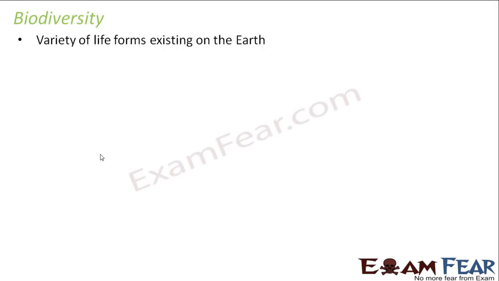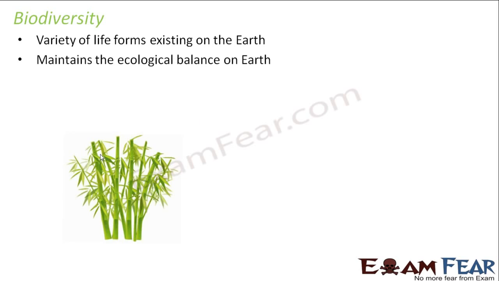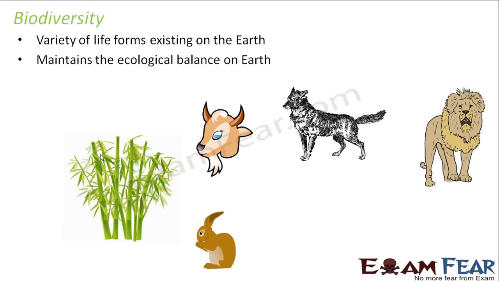Let us see. So as I said, biodiversity means the variety of life forms existing on earth. So we are going to study the entire variety. But we will have to find out a way to study that, because the variety is huge. So why do we have this biodiversity?